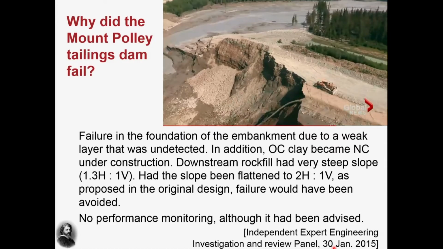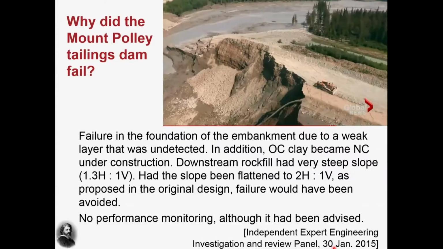The failure in the foundation of the embankment was due to a weak layer that was undetected. But in addition, the biggest mistake is that the over-consolidated clay became normally consolidated under the loading, or the building of the dam or the fill, and this was not considered. And that is a major geotechnical first-year mistake.